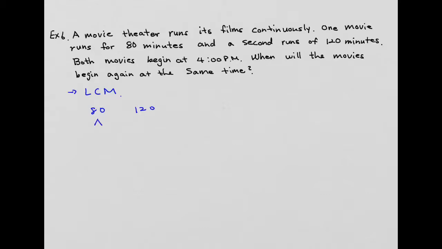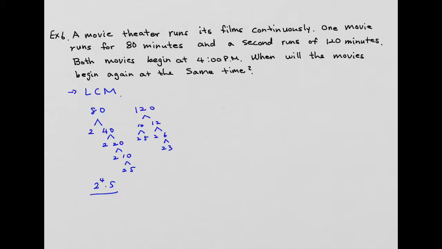We need to find the prime factors. For 80, I have 2 to the 4th times 5. For 120, 10 times 12, that's 2 times 5, and 2 times 6, 2 times 3.